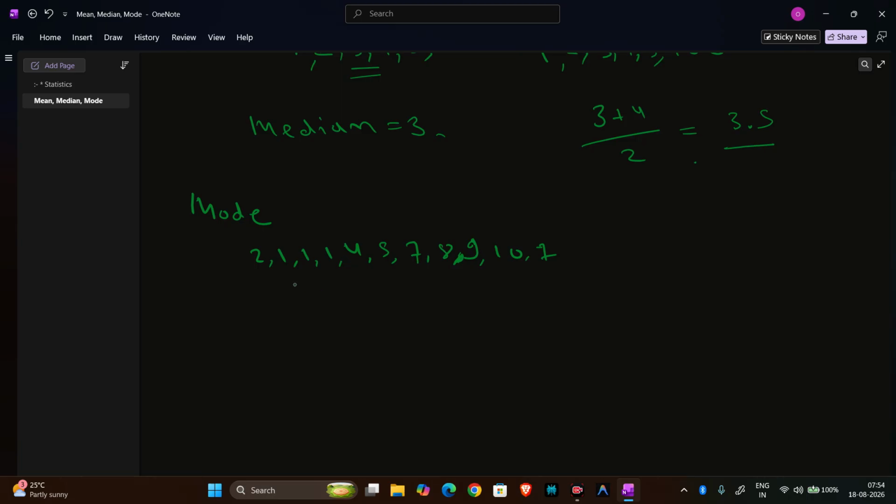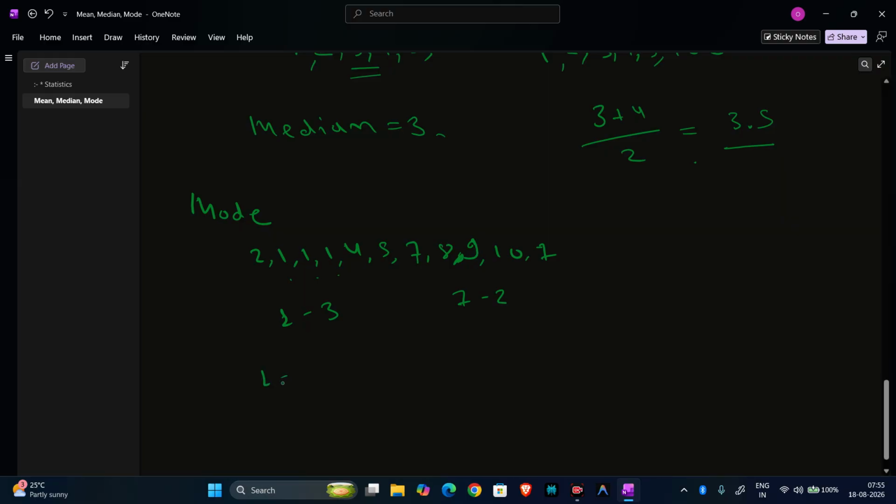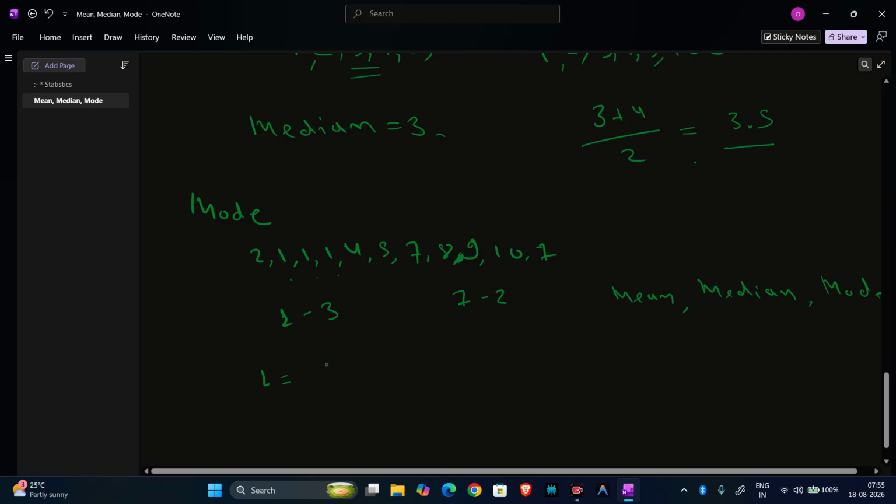So you can say 1 occurs 3 times and 7 occurs 2 times, right? So the mode is 1. And mode is also special because, of these three, mean, median, and mode, only mode will work with categorical data.